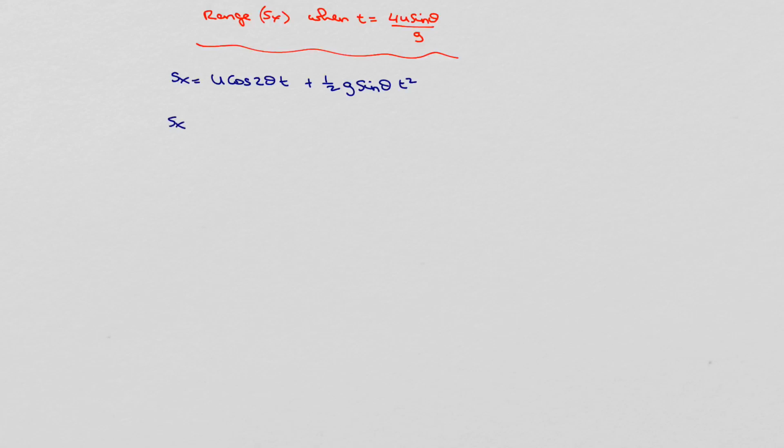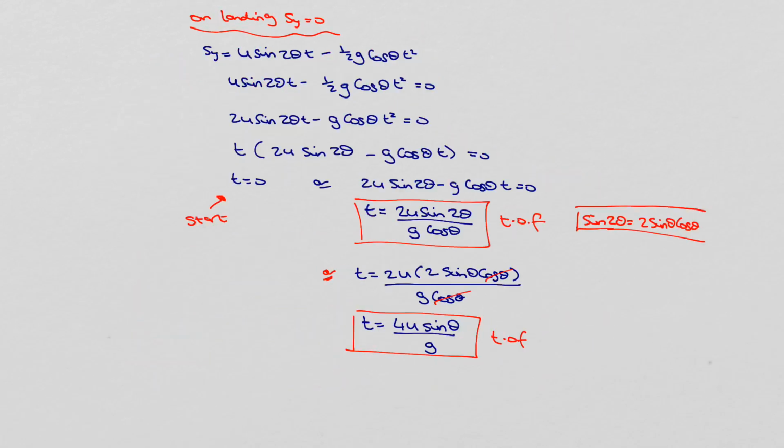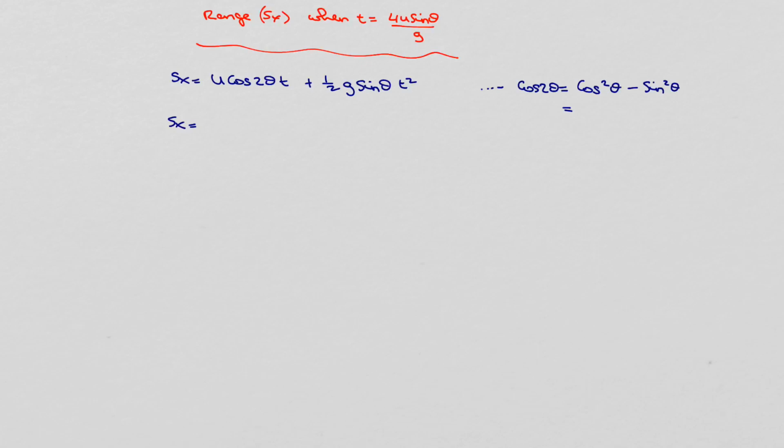And we're going to replace t with 4u sine theta over g. But we can also see we have cos 2 theta. And we know from page 14 of our maths tables that cos 2 theta is cos squared theta minus sine squared theta. But I don't want to be putting in cosines and sines into the one equation here, because I can see my time of flight is in terms of sine, and my range I want to show, if I go back to the start, is only in terms of sine. So I want to get rid of anything to do with cos here.